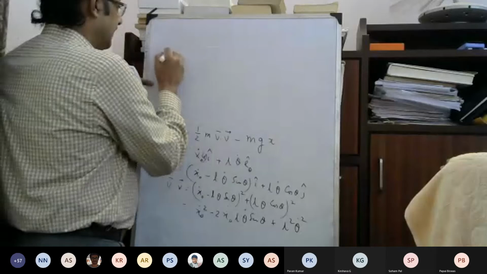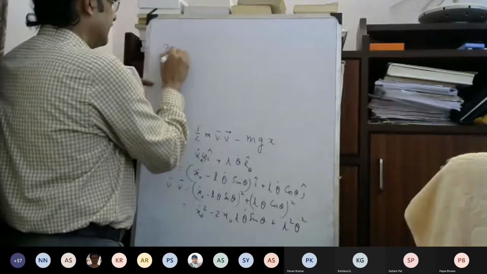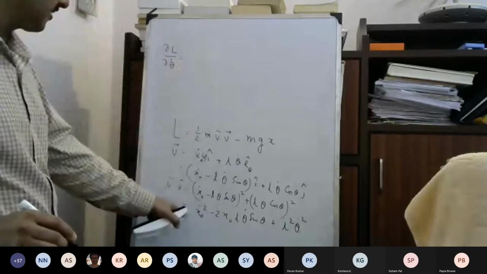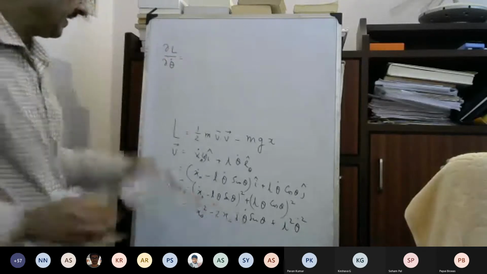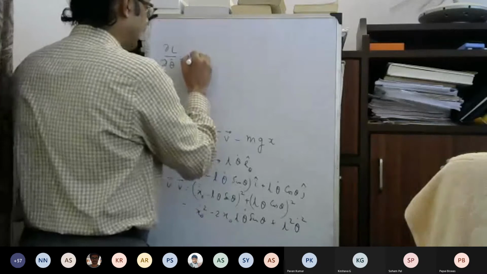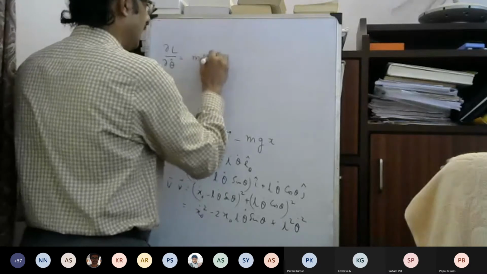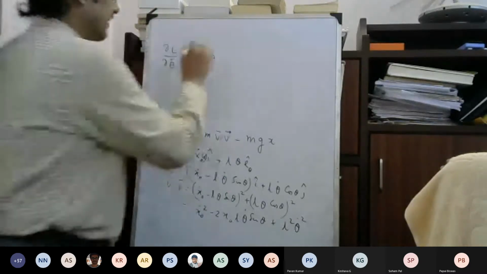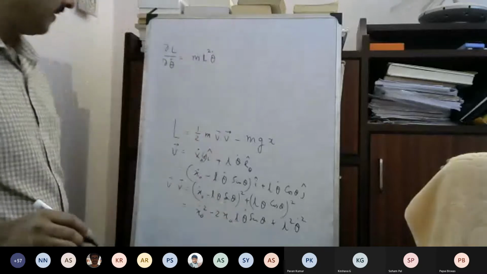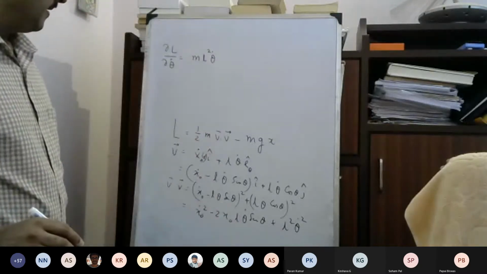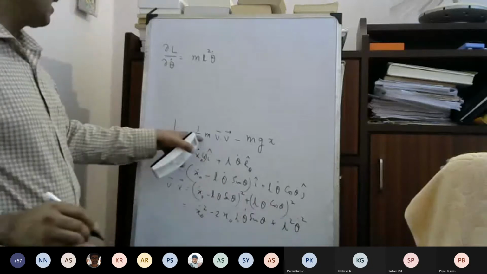Then I need to know the del L del theta dot, which will come from the mass term. So this will be L theta dot, so this will be m L squared theta dot. From here there will be 2, and then this will cancel with half m.